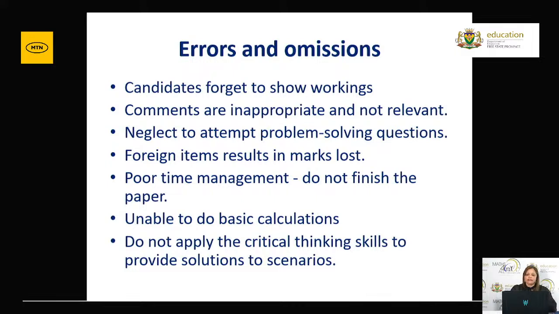My personal favorite: they say to you, there's a problem with stolen items. They've already installed cameras. And then they ask, what else would you do? What is the first thing that you say? Install cameras. But they already told you there's cameras. Then the marking guide will say, do not accept cameras because you were told that there's cameras.